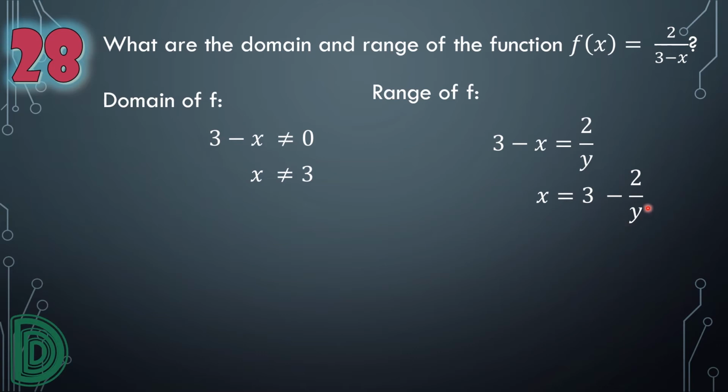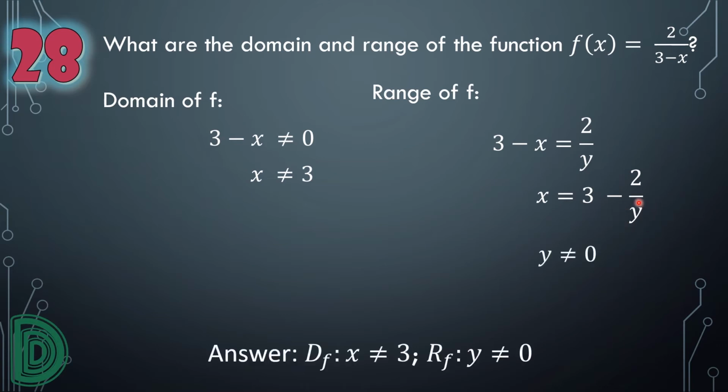Hence, y should not be equal to 0. So the domain of f are all values of x such that x is not equal to 3, and the range of f are all values of y such that y is not equal to 0.